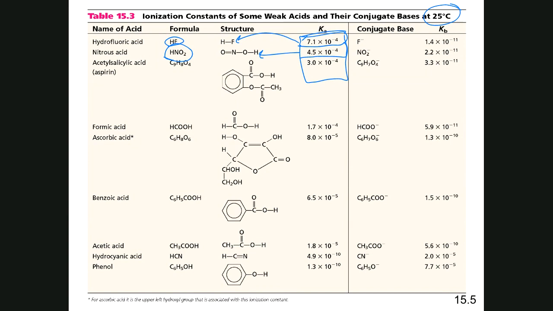The exponents are the same, so you only compare the coefficients. When the exponents are the same, the smaller the coefficient, the smaller the value. So you don't have to compare these two, you just compare these two because they are the same. So HF is stronger. Ka for HF is greater than Ka for nitrous acid, or HNO2, so HF is stronger.